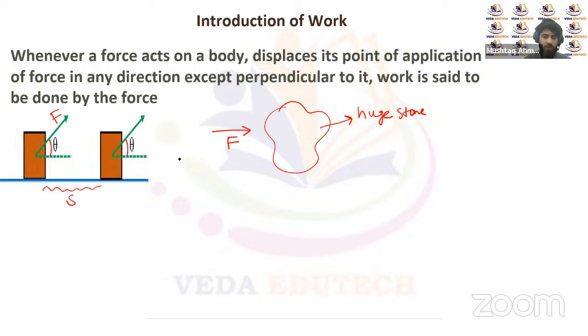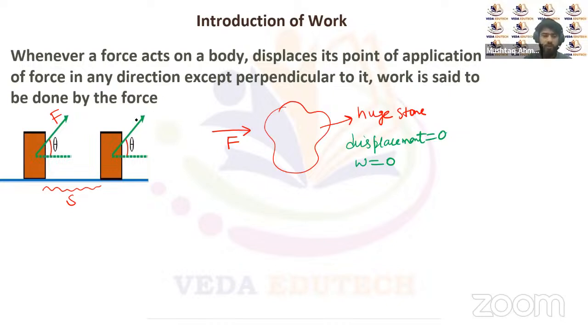The stone does not displace at all. Then we say that the work done is also zero because this force does not produce any displacement. So work is only done when an external force applied on an object displaces it through a small displacement or whatever displacement.